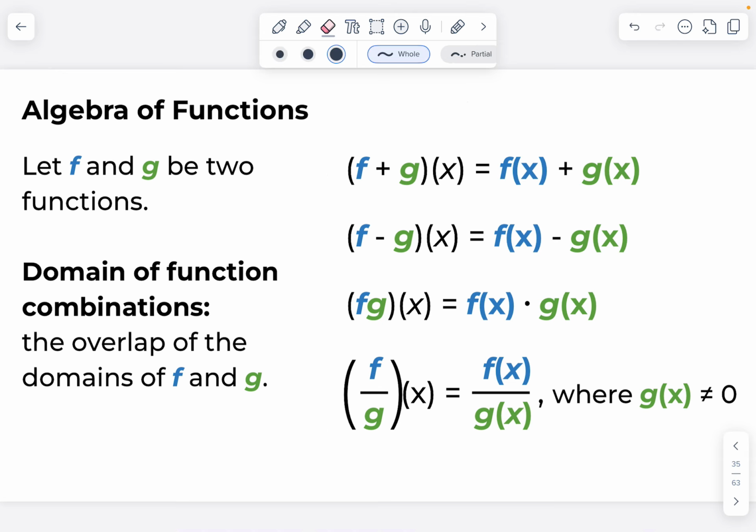One thing to note though, when we think about these problems, is we are going to have to consider domain to make sure that our functions exist. And for this class, we only need to worry about domain when it comes to division.